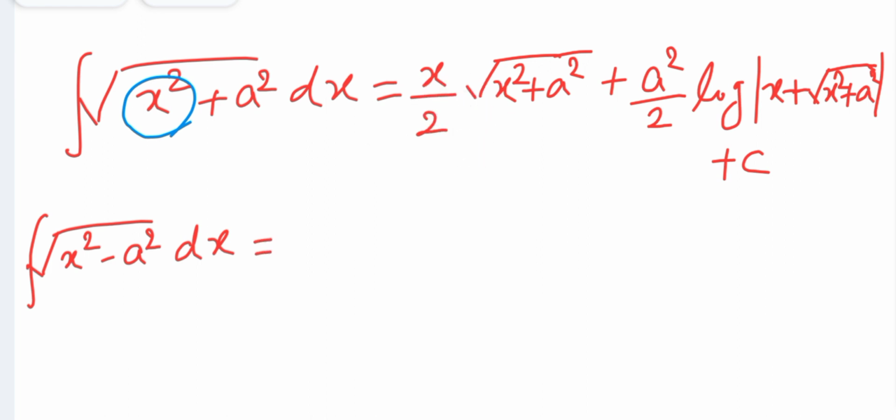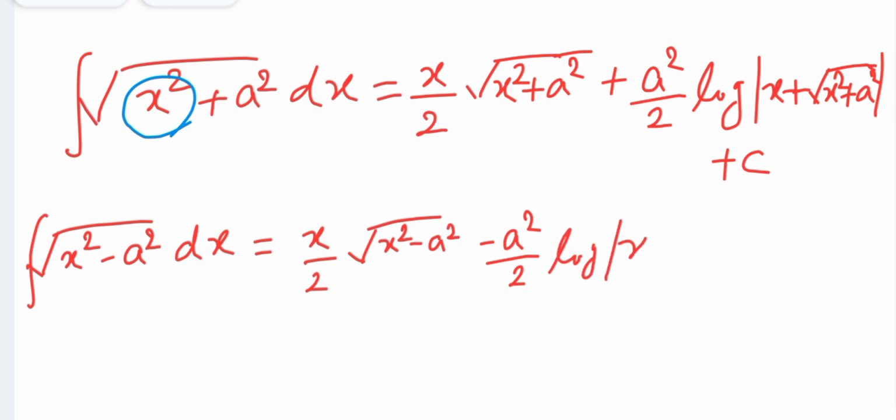This is x upon 2, so you will write x upon 2 root over, and this was x square plus a square, and here you have x square minus a square, so you will write as it is x square minus a square, correct. Here just you have to see that this is plus a square upon 2. Why? Because this was plus a square. So if this is minus a square, you will write minus a square upon 2, and then log of the same thing x, then if plus, then you will write plus.